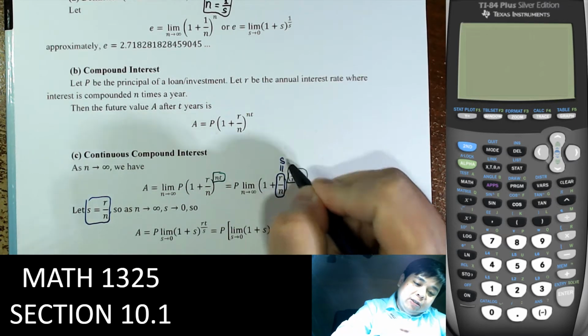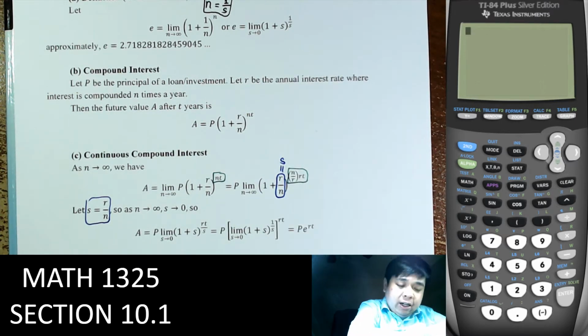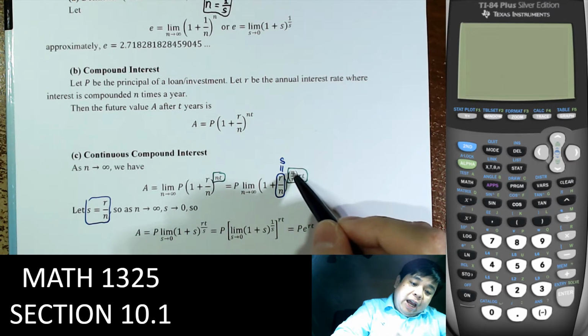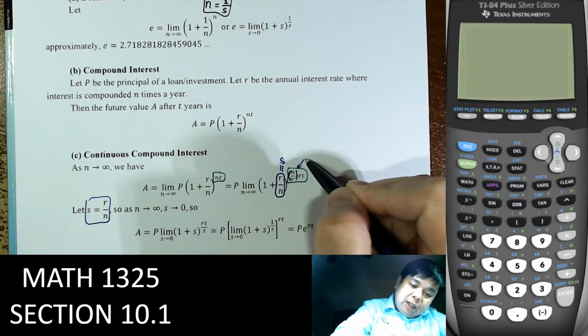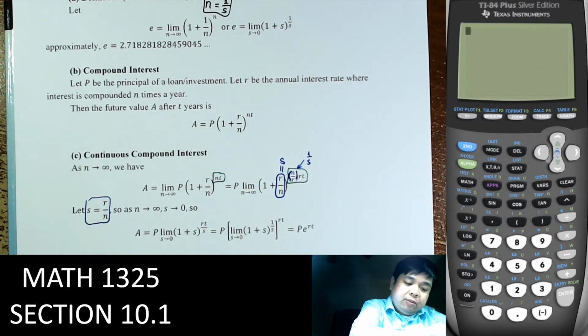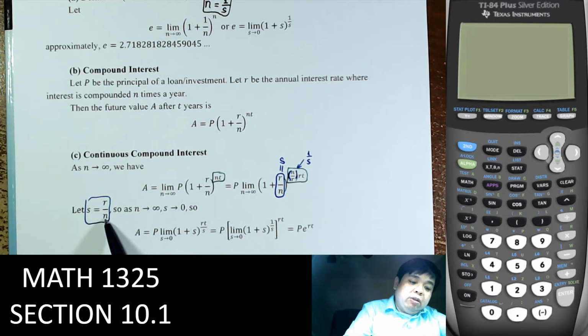Now this is n over r, so the n over r here is 1 over s. So that's why we have the limit as s goes to 0: if n goes to infinity, r is a constant, and a finite number divided by infinity is equal to 0. So that's why s goes to 0.